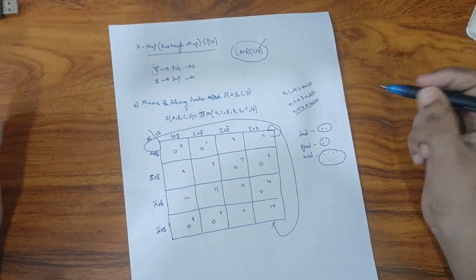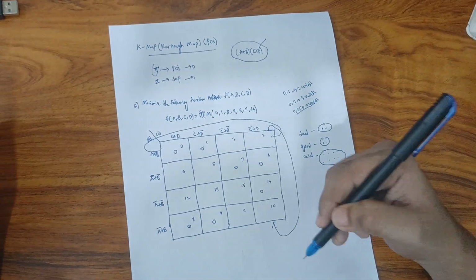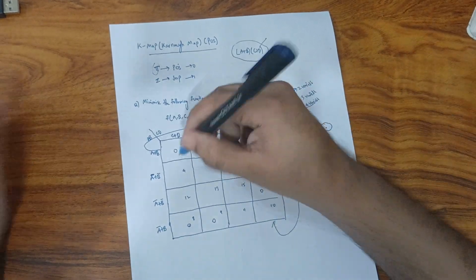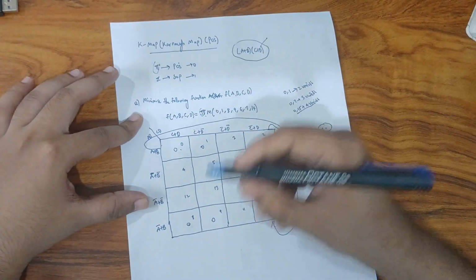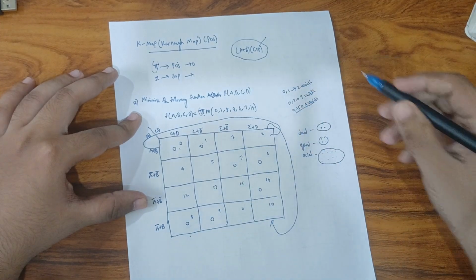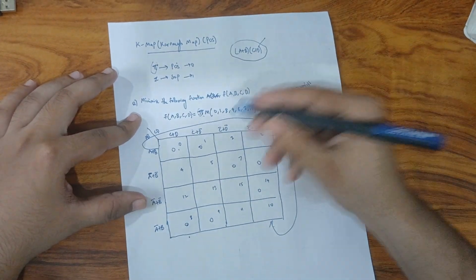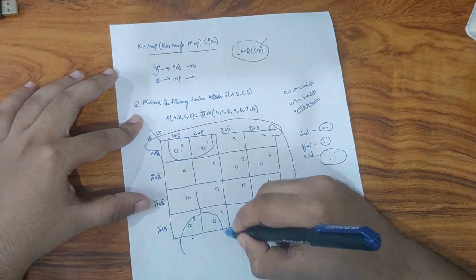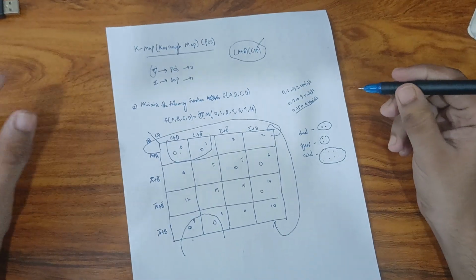So each end of a kmap is adjacent to the other end of the kmap. So instead of taking a dual here, we'll be taking a quad with the last two. So let us start the grouping. So let us group these and these. There we go. We got our first quad.